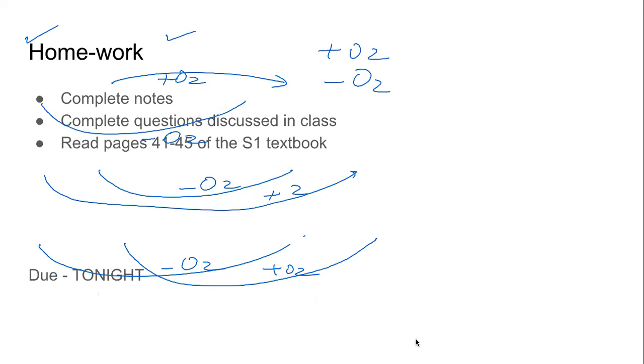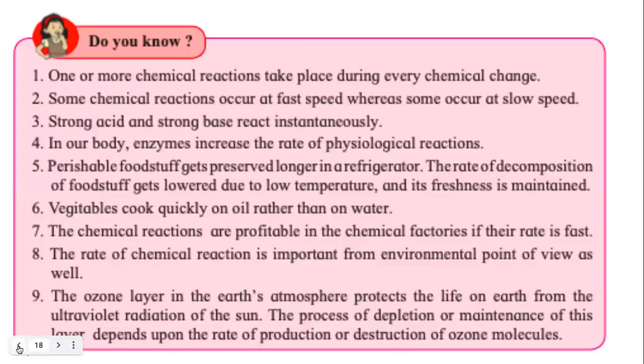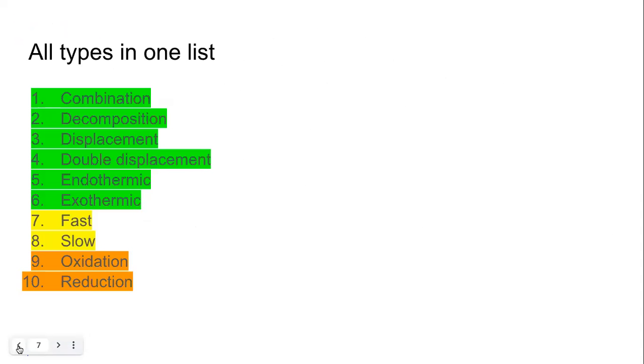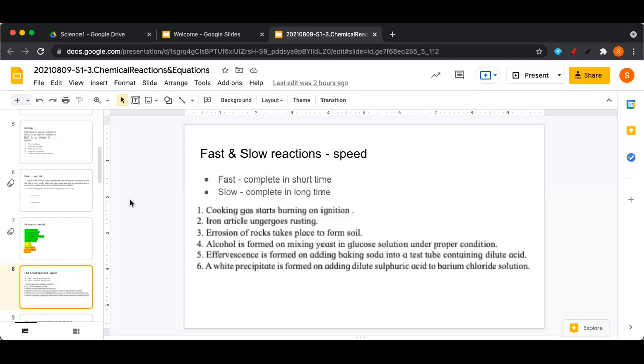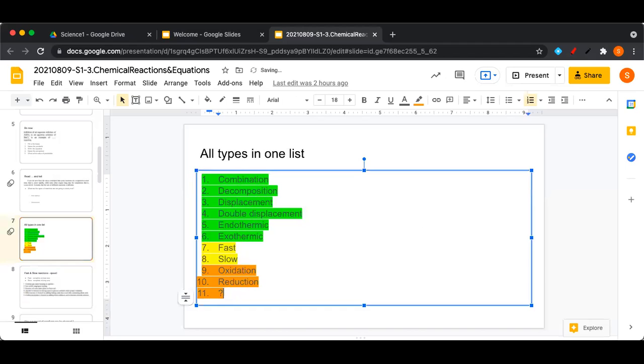So if we go back to that slide where there was a question mark in the beginning, here we can say the 11th type of reaction is redox reaction.